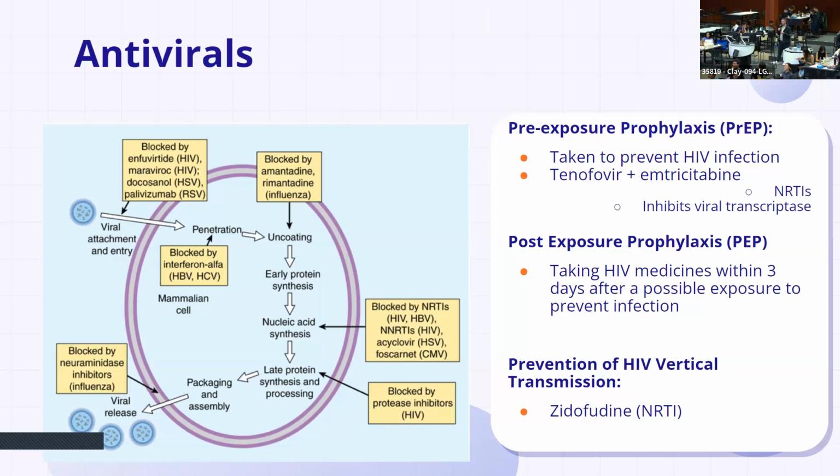Our PEP, or post-exposure prophylaxis, is when you take HIV medicines, usually within 72 hours after an exposure or possible exposure to HIV. And the last one is, how do you prevent it going from mother to child? Use zidovudine, which stops the vertical transmission.